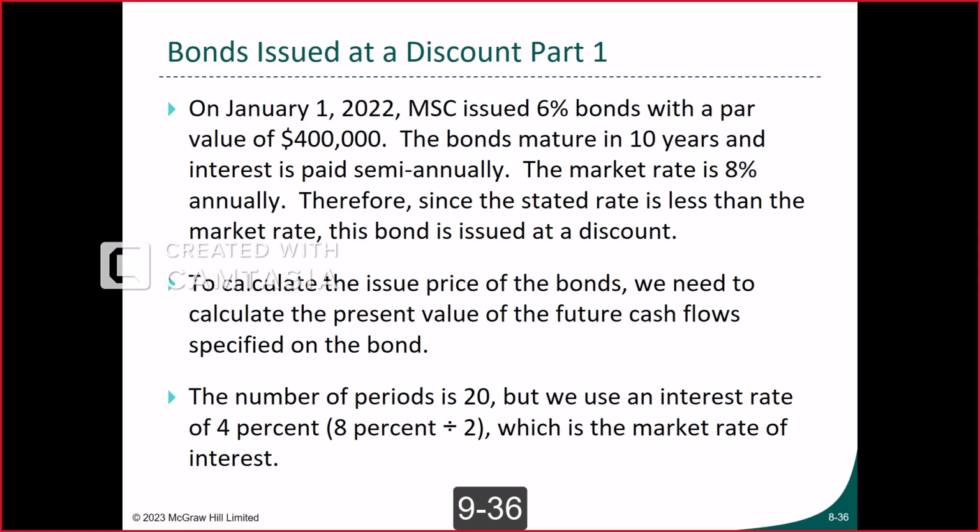It would be 20, right? 20, exactly. 10 years times 2 times a year, so 20 interest periods. So N equals 20. When we make the present value calculation, N, the number of payments, is equal to 20, not 10, because the frequency here is semi-annual. We make 2 payments a year.